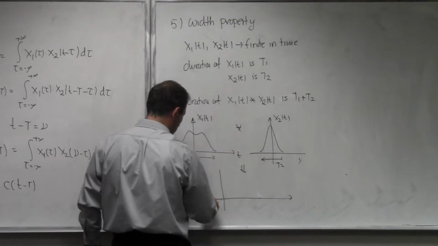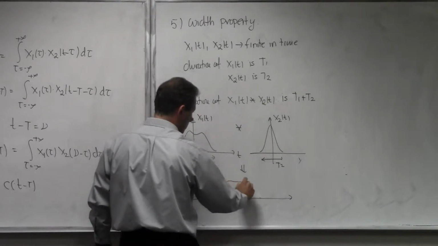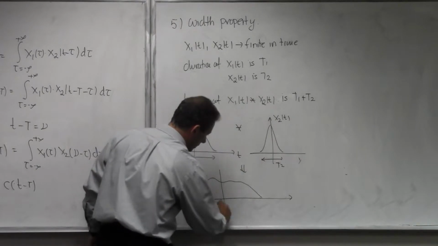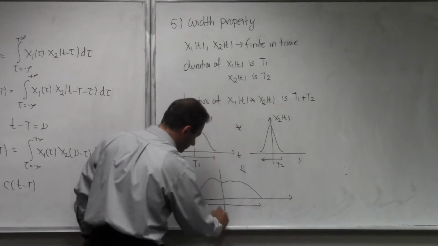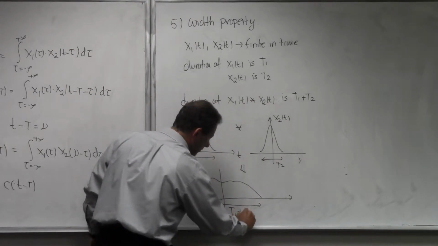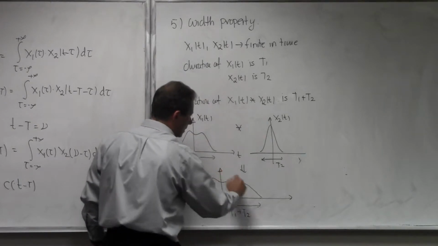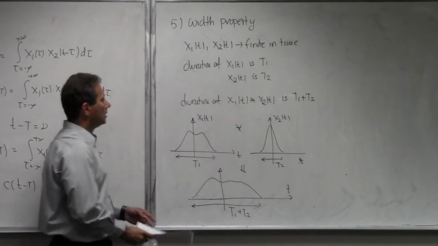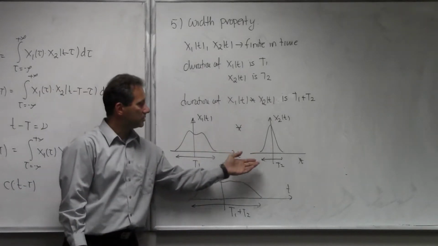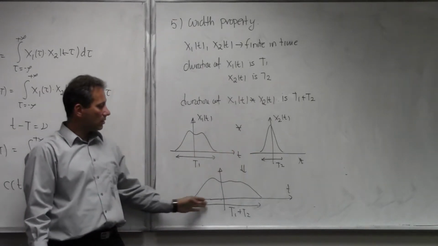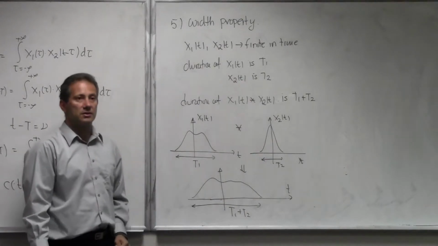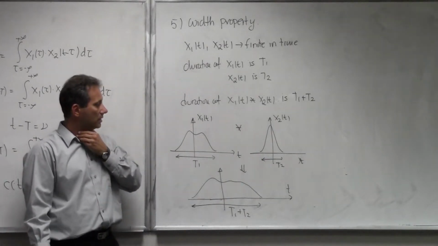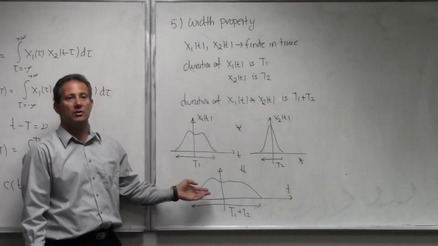Right? The total duration of this one is T1 plus T2. Now, if you think about one of them as being an input and the other one being an impulse response, this tells you how long in the time domain the output signal is going to be.